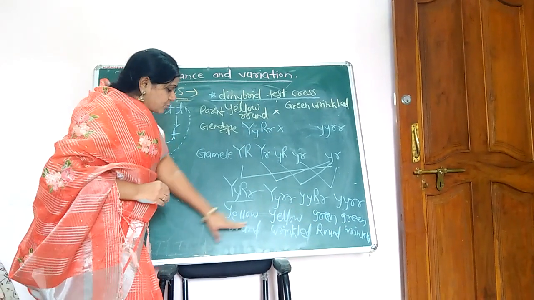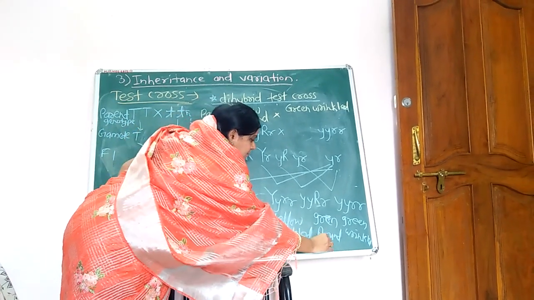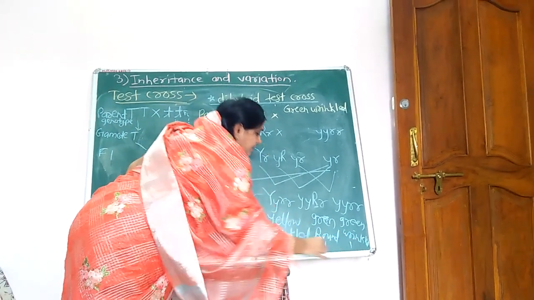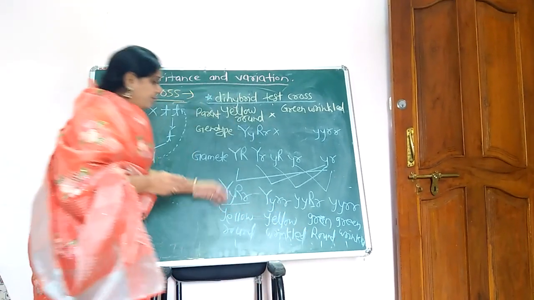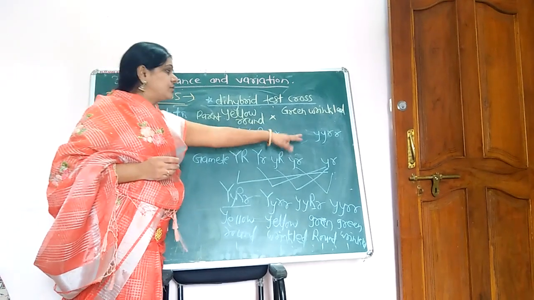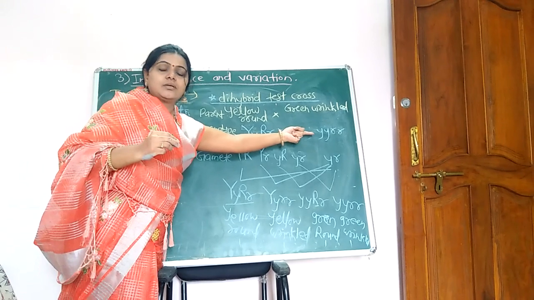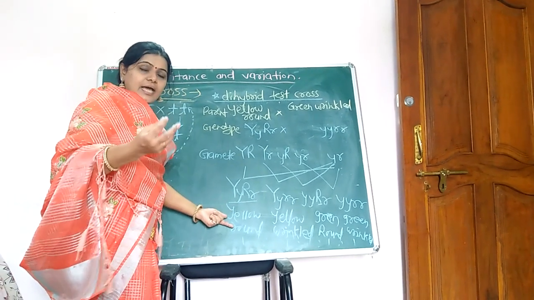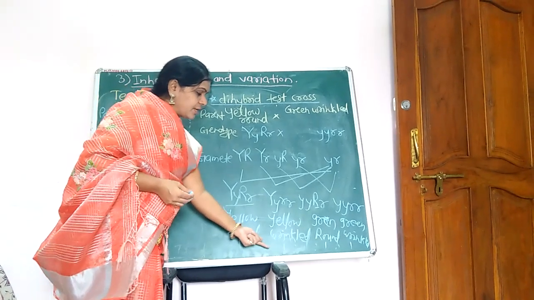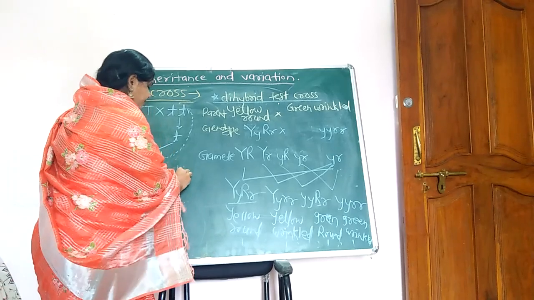That means the ratio will be yellow round 1, yellow wrinkled 1, green round 1, and green wrinkled 1. That means 1:1:1:1. When a hybrid is crossed with a homozygous recessive parent, the dihybrid ratio will be 1:1:1:1, and the monohybrid ratio is 1:1.